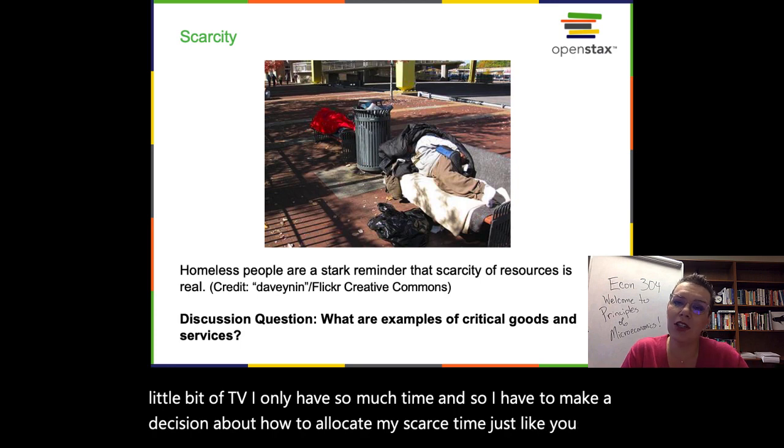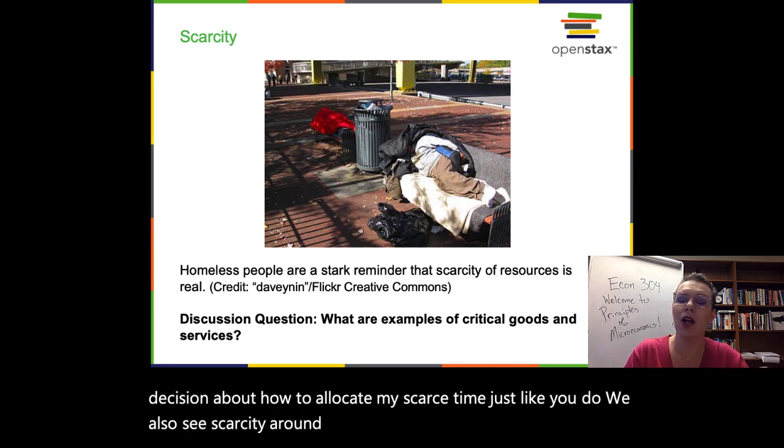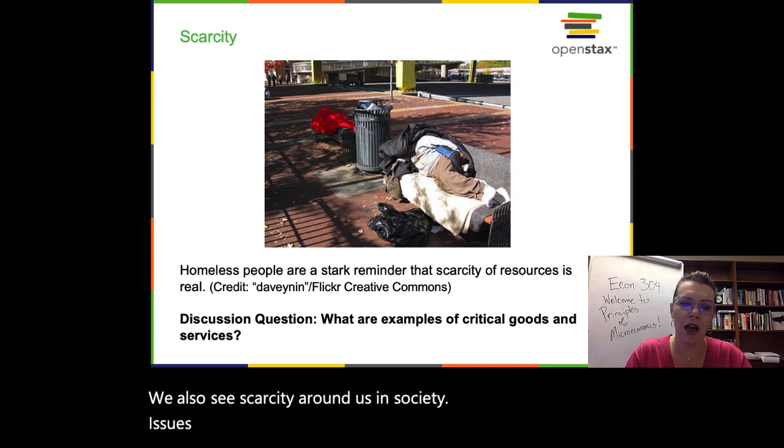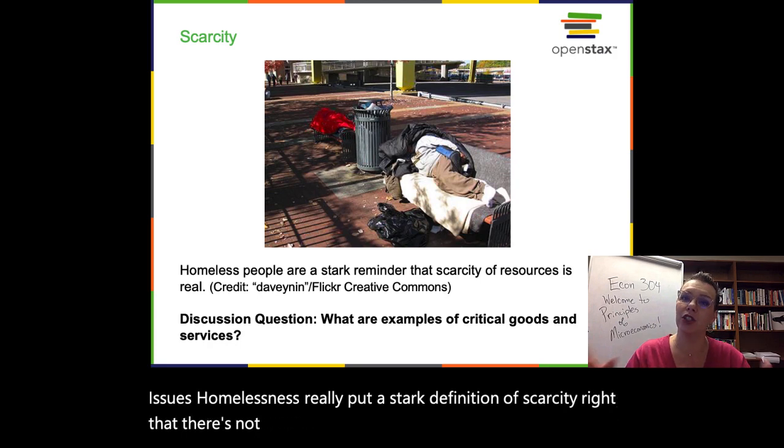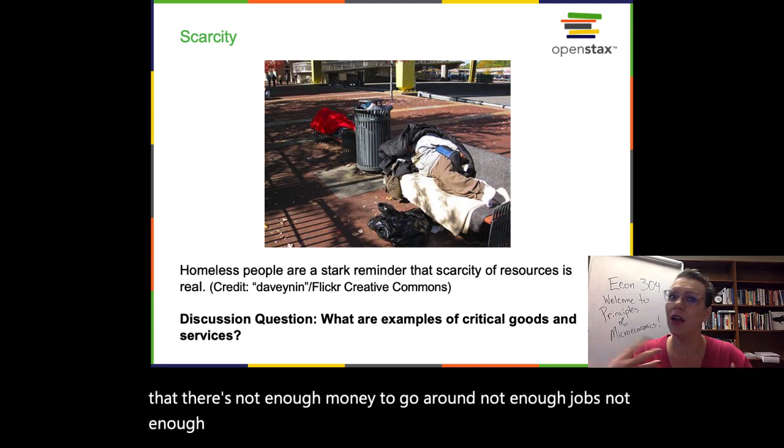We also see scarcity around us in society. Issues like homelessness really put a stark definition of scarcity, right? That there's not enough money to go around, not enough jobs, not enough resources, not enough healthcare services, those kinds of things.